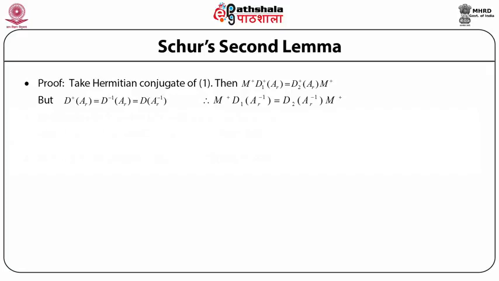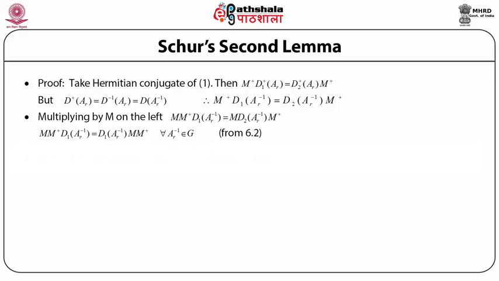Therefore, M dagger D1 of the inverse of the element AR is equal to D2 of the inverse of the element AR into M dagger. Multiplying this by M on the left, we get M M dagger D1 AR inverse is equal to M D2 AR inverse M dagger.